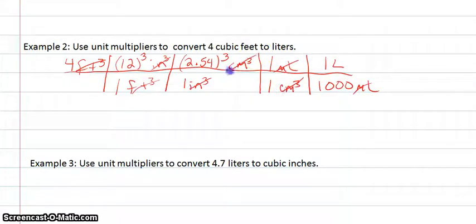And you'll notice how it's always a diagonal in the pattern to cancel out those units to get to the next unit listed. And that helps you remember whether you should multiply or divide by the unit multiplier. And then you can leave it like this, and that would be fine. Whenever we're in milliliters and liters, you won't have to cube anymore, because those are measurements for volume. So they're basically already cubed.